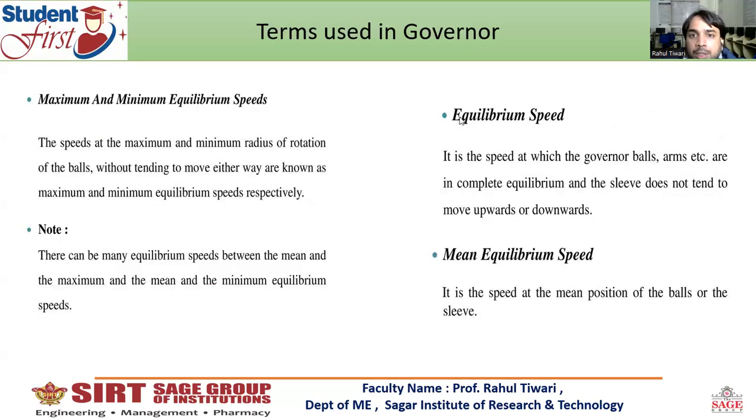After that, the terms and terminology which are used at the time of derivations. Maximum and minimum equilibrium speed, which are denoted by N1 and N2.